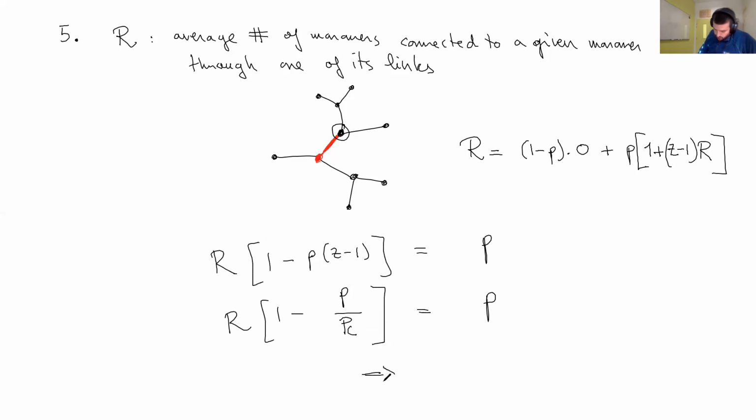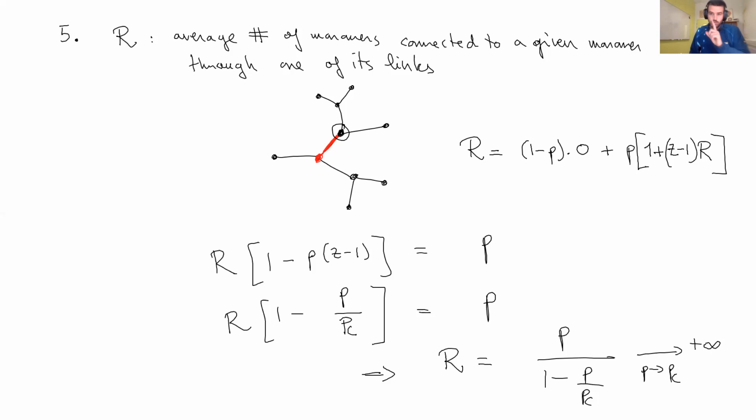So I found the result for R. It's P divided by 1 minus P over PC, which in particular, at the critical point, explodes. So the number of monomers that are connected to this guy through that link at the gel point, at the transition point, is suddenly reaching infinity. Okay, that's expected. That's the physics.